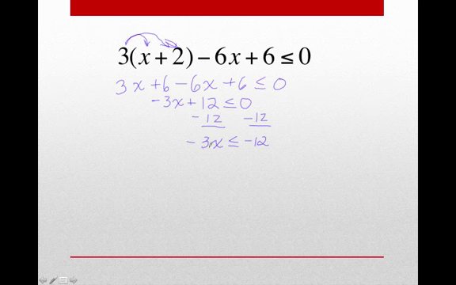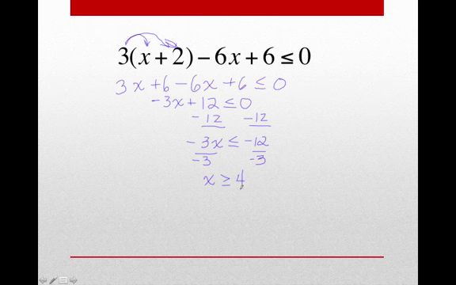All right, now and only now can I divide. So I will divide by negative 3 on both sides. I've divided by a negative number, so that will flip my inequality. So x is now greater than or equal to, two negative signs mean I've got a positive 4.